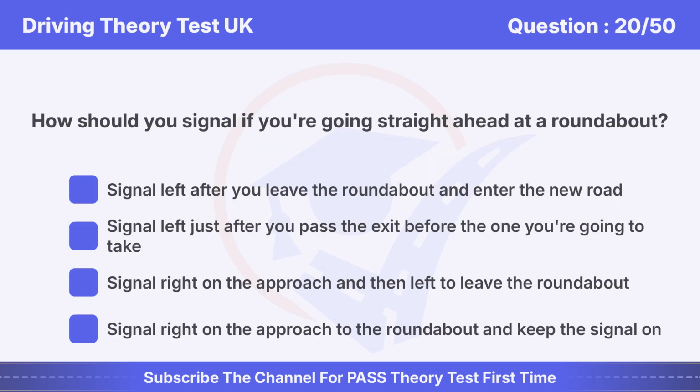Question 20. How should you signal if you're going straight ahead at a roundabout? Answer is B. Signal left just after you pass the exit before the one you're going to take.